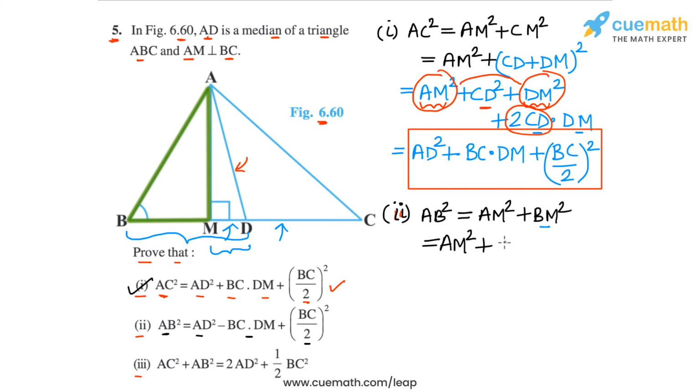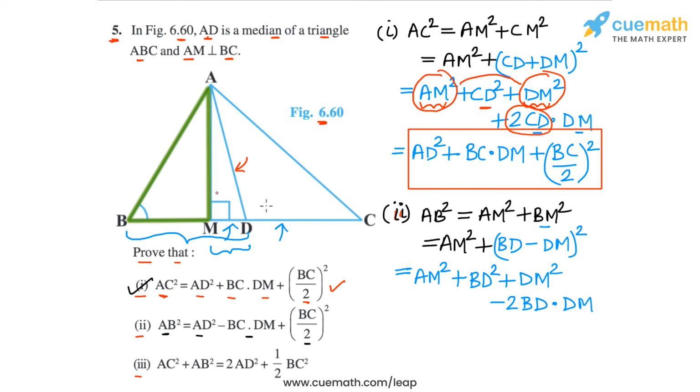So instead of BM, let's write it as BD minus DM whole square. So this is what we will get. Okay, so now let's expand this. So we get AM square plus BD square plus DM square minus twice of BD into DM.